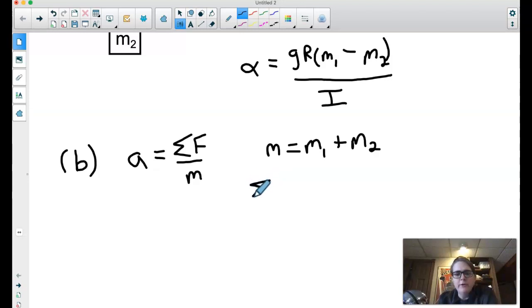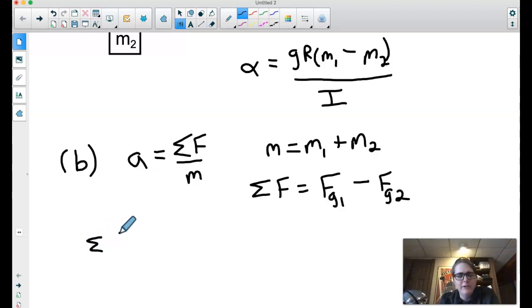Now for the net force, since the force of gravity on the pulley is balanced by the force of the axle on the pulley, the only two forces I have to worry about are the force of gravity on mass 1 and the force of gravity on mass 2. So I went back to that idea that the force of gravity is the mass times little g, the strength of the gravitational field.